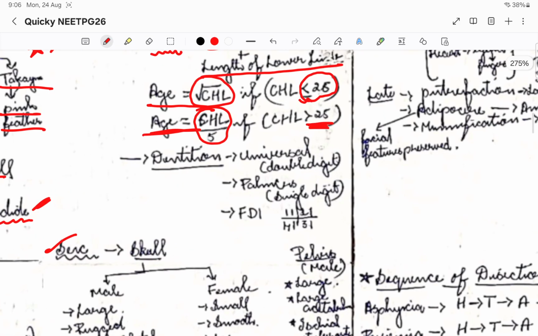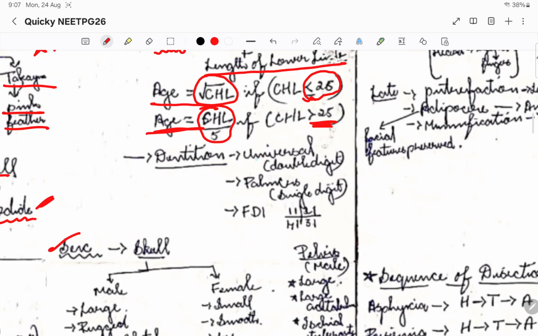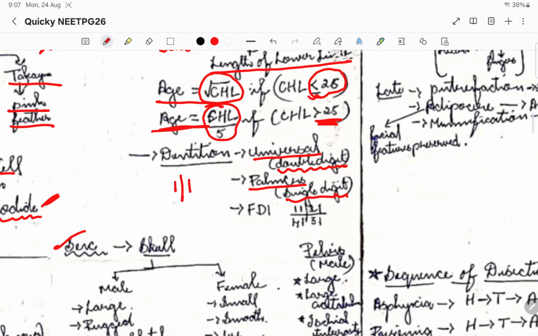Please remember this. They'll give you a chart and tell you what type of dental chart is being followed. The easiest method is, if it is a universal chart, there will be double digits, like 22, 23 in that way. If it is Palmer's technique, there is going to be a single digit method, like 1, 2, 3 in that way.